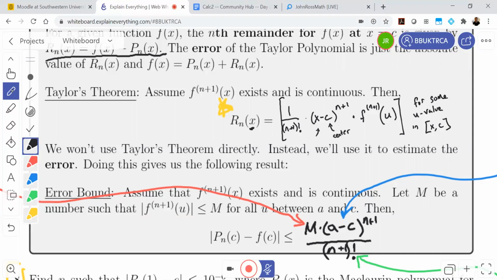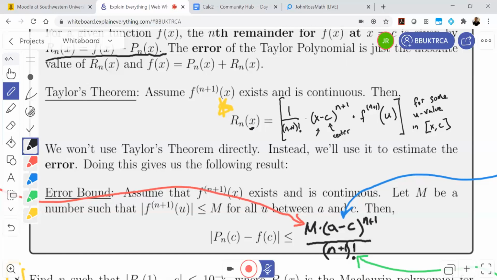What I'm claiming is that that error can be rigorously estimated by some formula involving some u value somewhere there in the middle. So there exists a u value at which I plug that into the formula and I get that that is directly equal to the remainder. So again, similar flavor to the average value theorem or the mean value theorem for integrals, the idea that there exists this point somewhere in the middle that can represent the average value. But messy formula, we don't care that much about it.